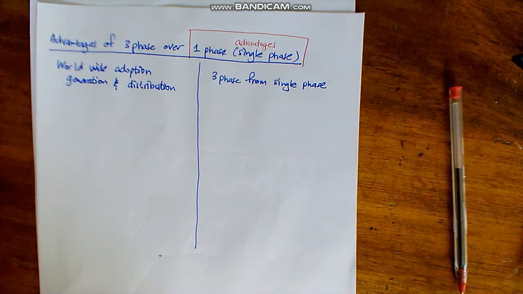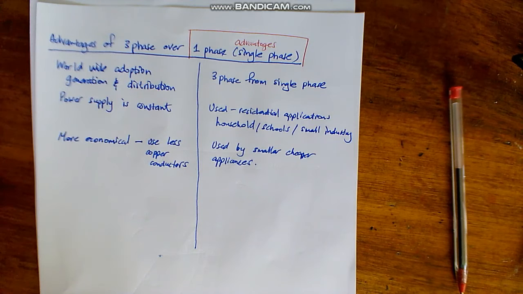Power supply is constant with three-phase. And single phase is used in residential applications, households, schools, and small buildings. With the three phase, it is more economical and it uses less copper due to the thinner conductors.